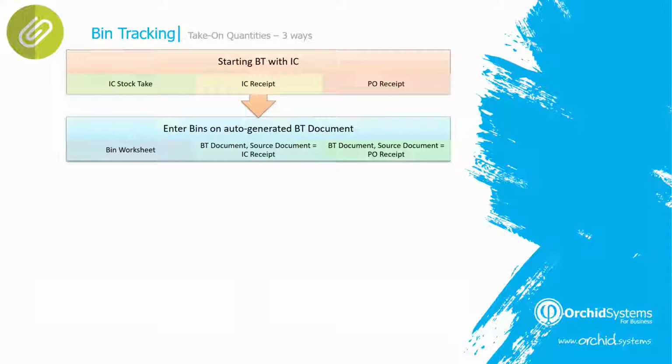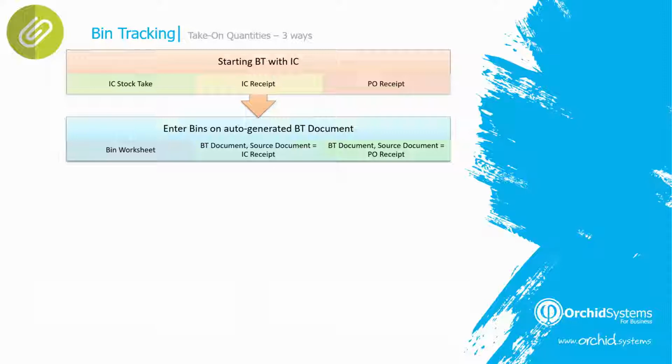There are 3 ways that you can do this. If you are starting bin tracking at the same time you're starting IC, then you can take on the bin tracking quantities at the same time that you take on your IC quantities. That might be you do an IC stocktake and then enter the bins per quantity in the bin tracking worksheet, or you could do an IC receipt, and when you post that receipt, bin tracking will create the bin transfer document for that receipt at the same time, and you'd fill in the bins on the bin transfer document.